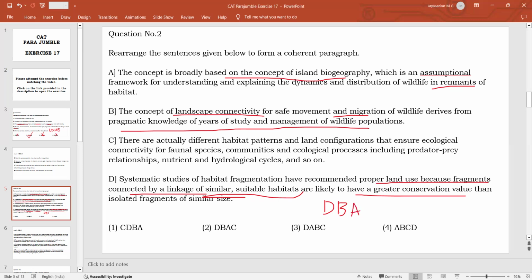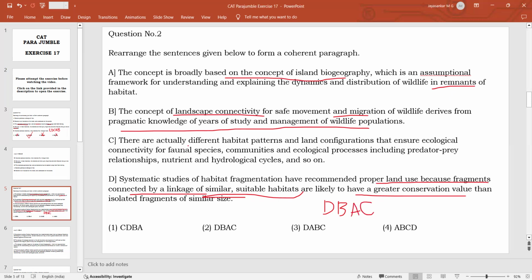So that is why DBA becomes a sequence. First we talk about why landscape connectivity is required. Then what is the underlying principle, and on what theory this principle is based. Then you can talk about the different methods in which we can establish habitat connectivity.